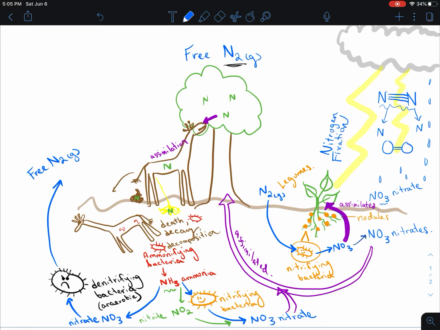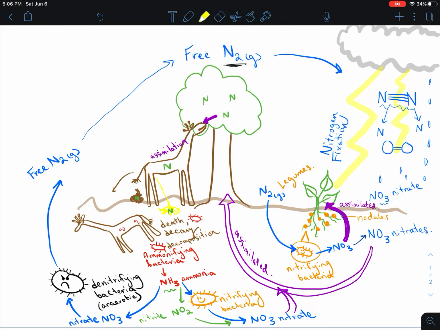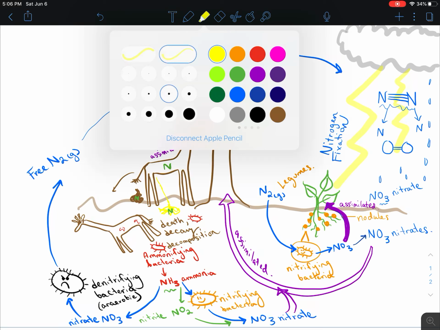Okay, and now that free nitrogen just goes back into the atmosphere and it hangs out there until one day it might get fixed again. And so the denitrifying bacteria help to make this really a cycle. And that's about everything you need to know.